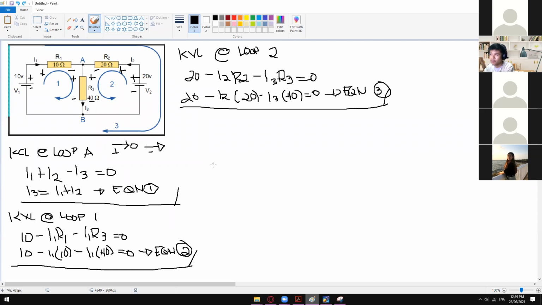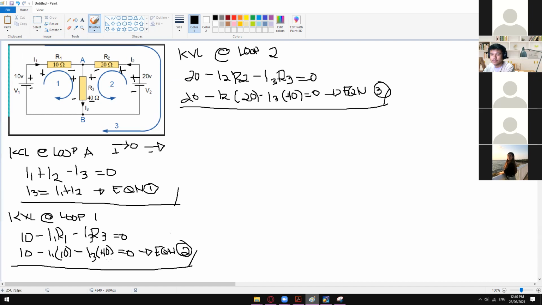But before we do that, looking at our missing variables, for equation number 2 we have the I1. Oops, my bad, this is not I1, this is I3, because we have the current on this R3 right here. So this is the I1, and this is the I3. Let me just change this one into I3.